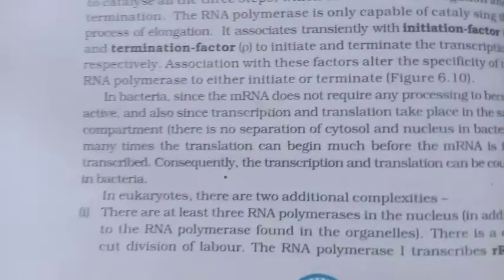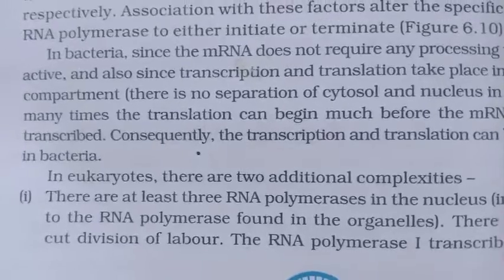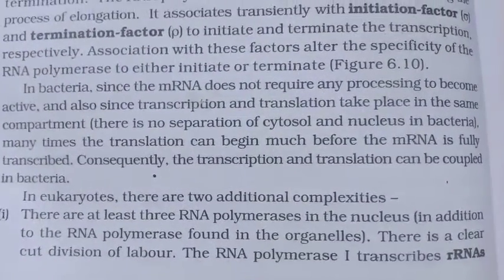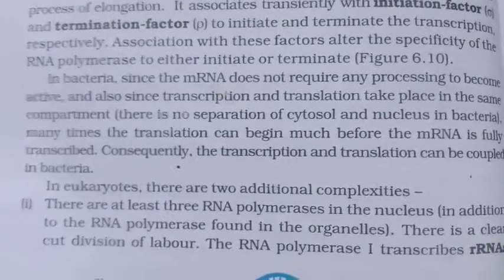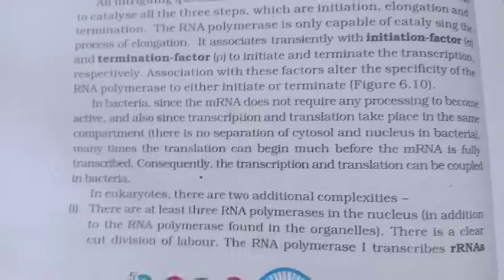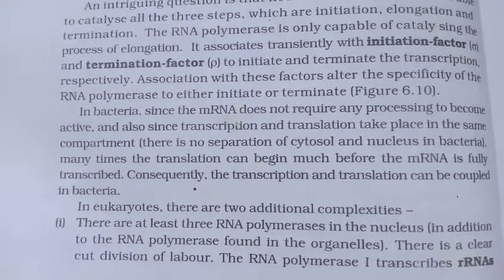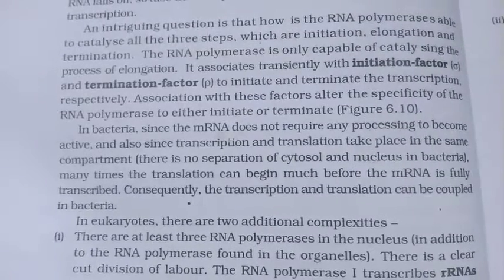In eukaryotes, there are two additional complexities. There are at least three RNA polymerases in the nucleus, in addition to the RNA polymerase found in the organelles. Hence, in eukaryotes, there is a clear-cut division of labor. That means all these polymerases have definite functions to perform.